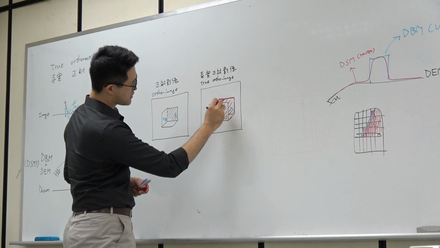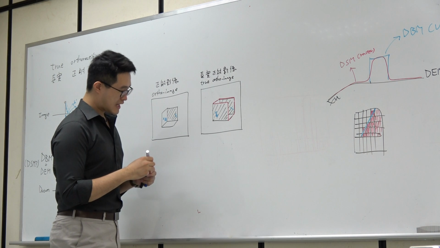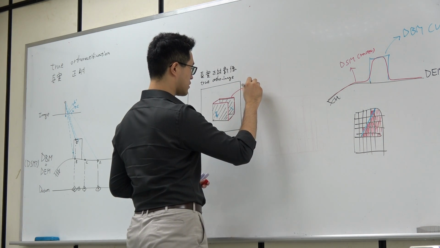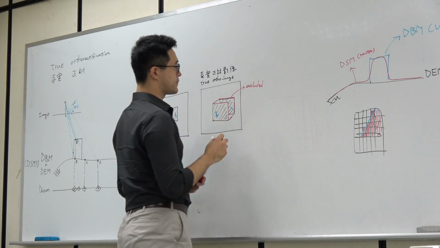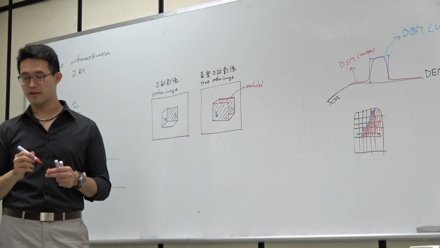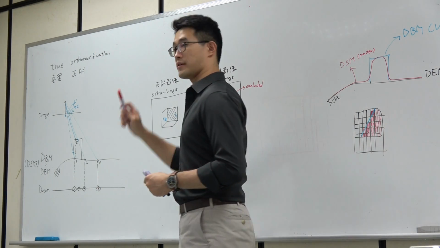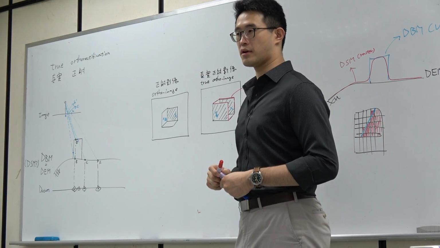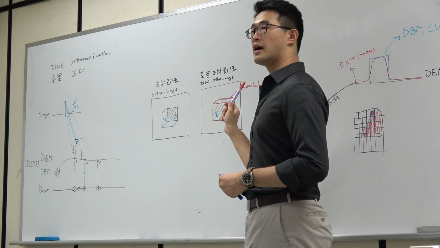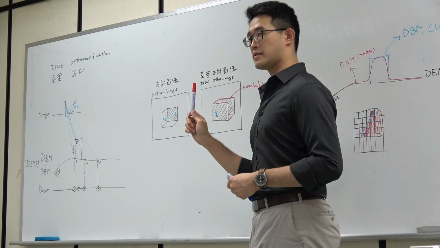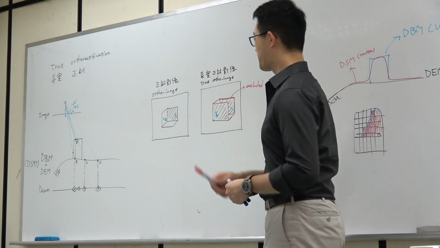This red region is the occluded area, the area occluded by the building. Occluded means 遮蔽，被那个房屋遮蔽的区域. Okay, it's occluded by the building.